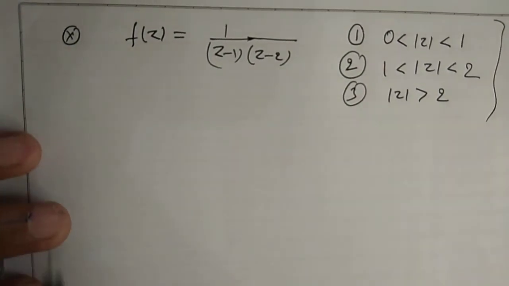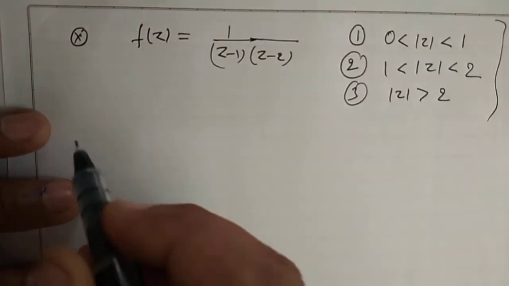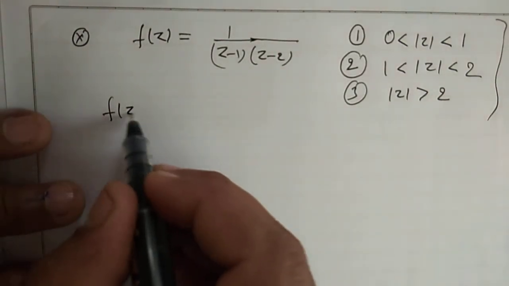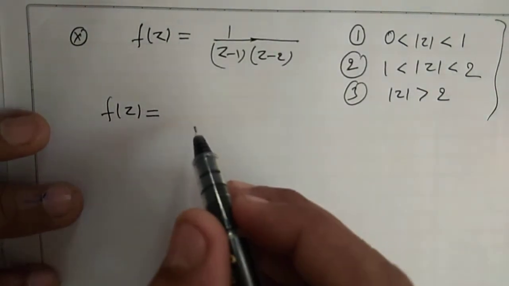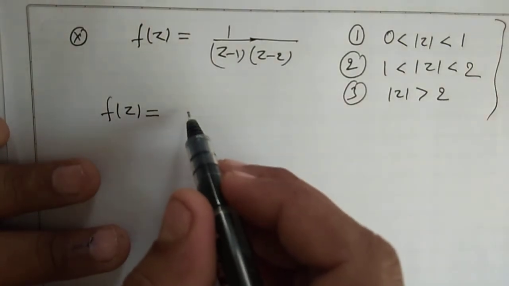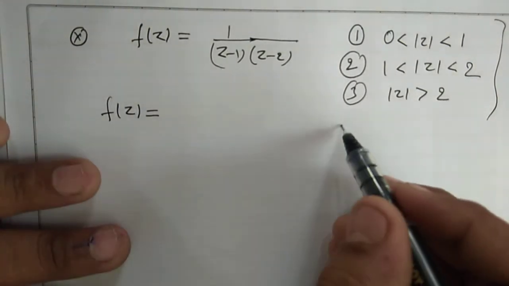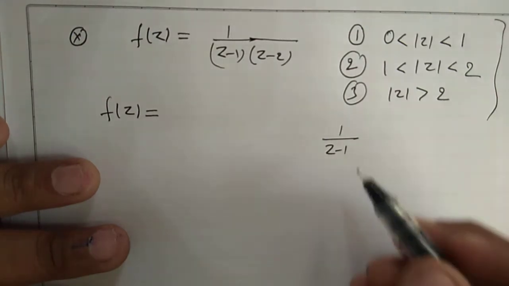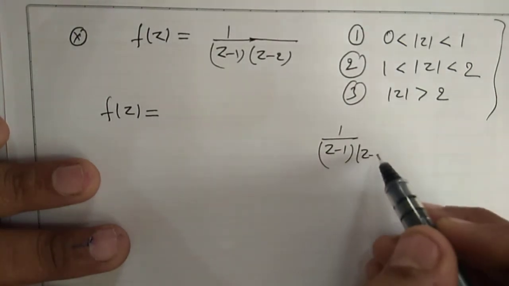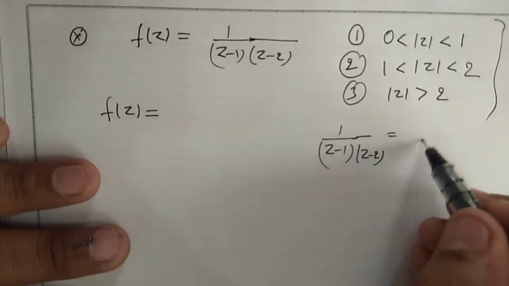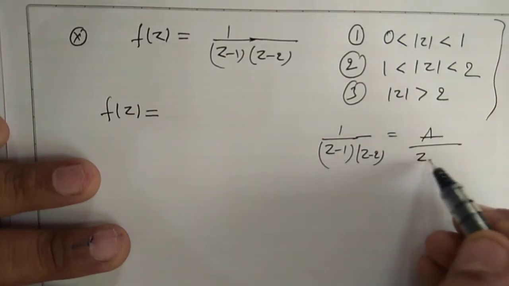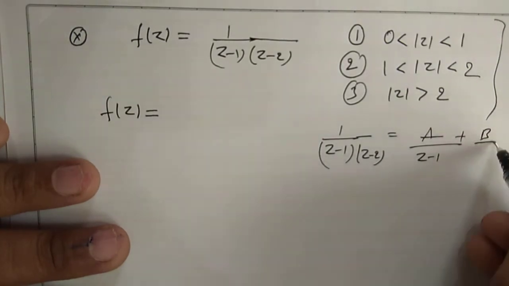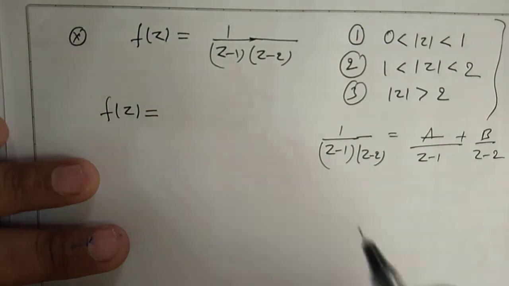Okay, so first we do the partial fraction here. So f(z) equals 1 upon (z minus 1)(z minus 2) equals a upon (z minus 1) plus b upon (z minus 2).